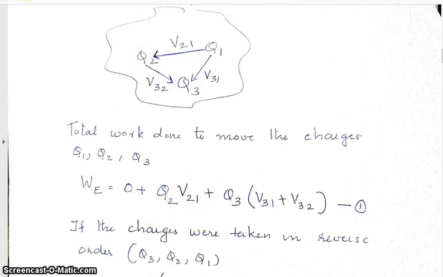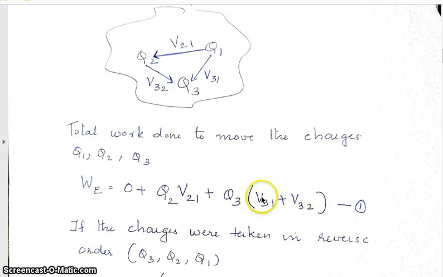So Q2 into the potential difference gives the work, plus Q3 into V31 plus V32. When Q3 is moved into the region, it experiences two potential differences, due to Q1 and Q2. The potential difference due to Q1 is V31 and due to Q2 is V32.